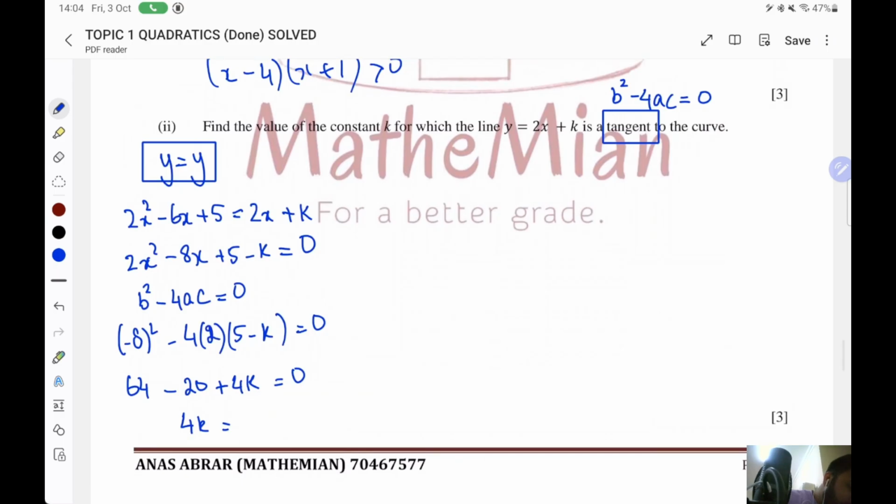The value of a was 2 over here. Yeah, you're right.